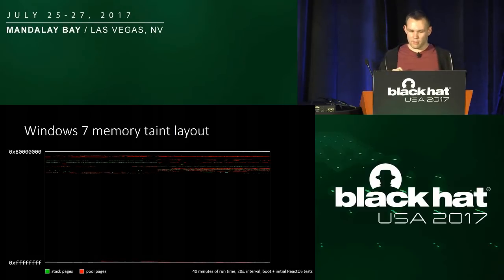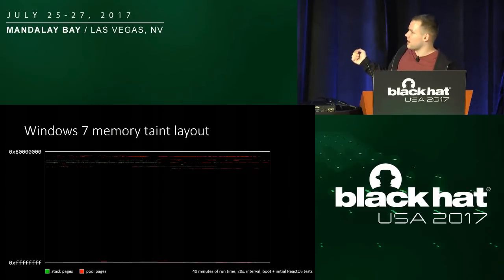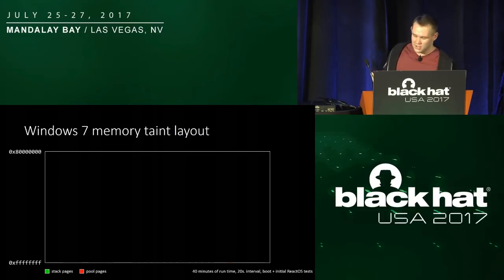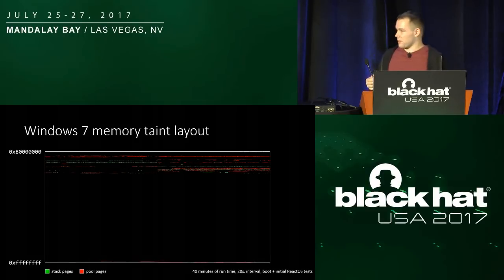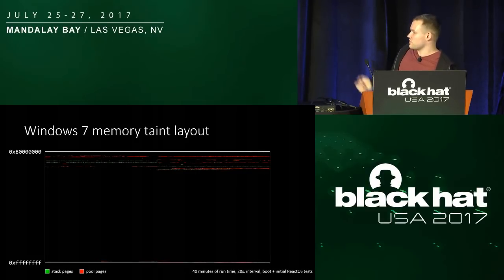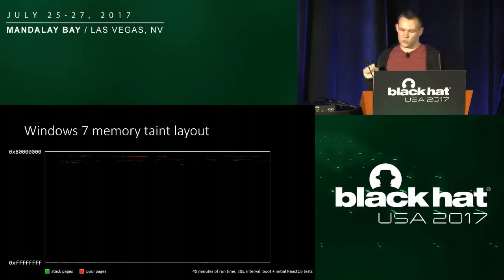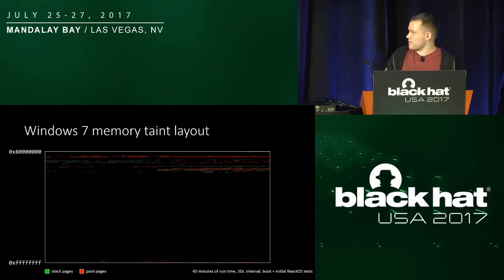Each pixel is a single memory page, and pages that have some stack memory taint are marked in green, and the pool ones are marked in red. Now we can see what the patterns are in Windows when it boots up and when you start some applications. That's 40 minutes of runtime, with a new snapshot taken every 20 seconds. I find that quite interesting myself.